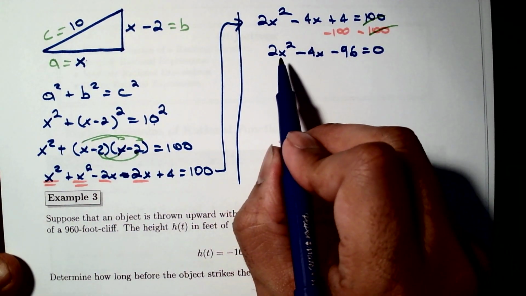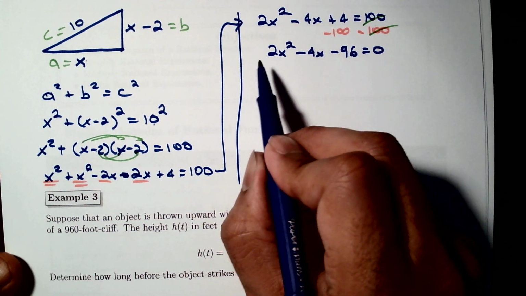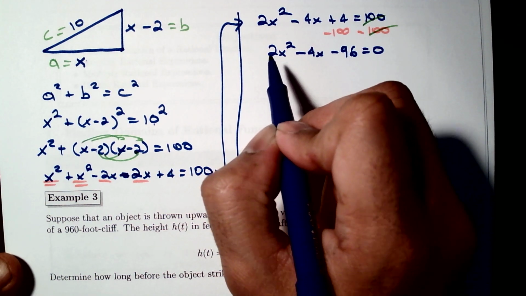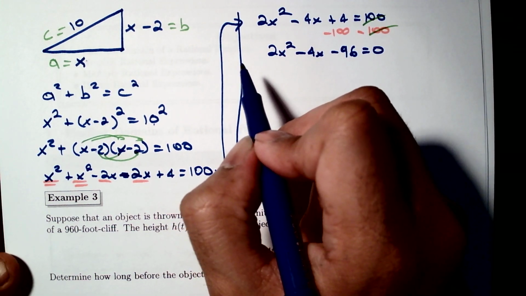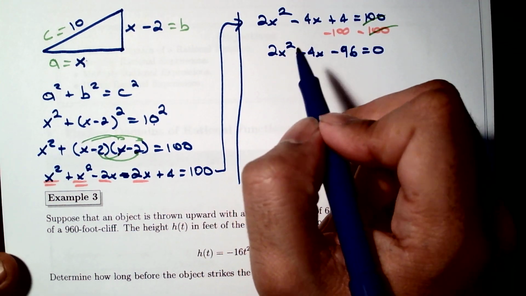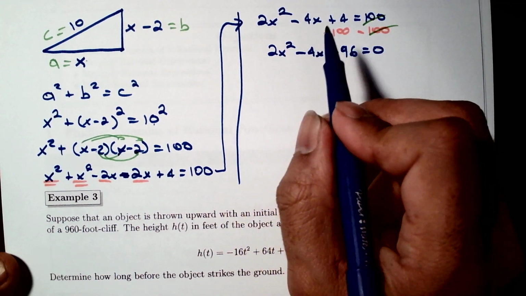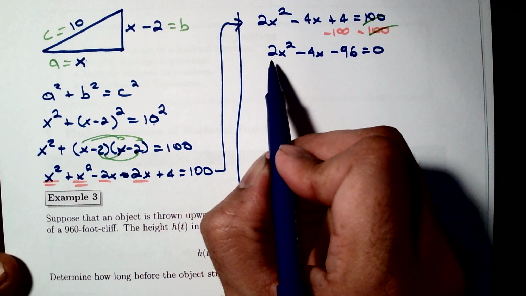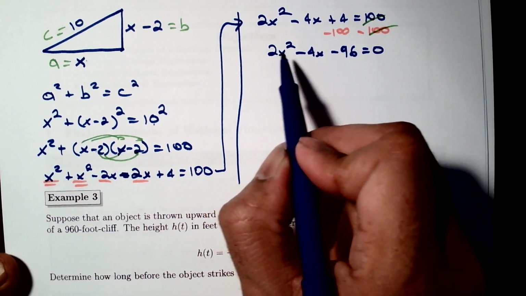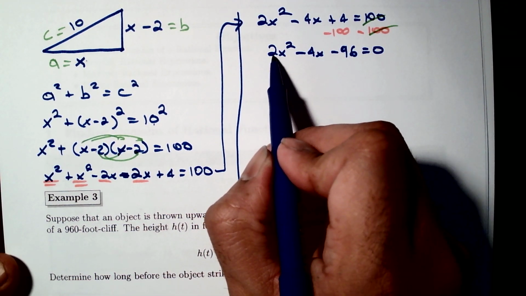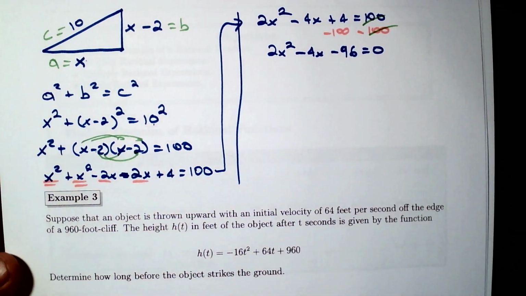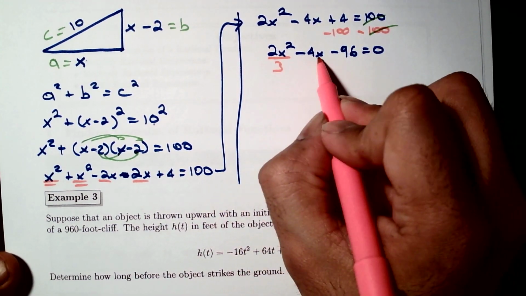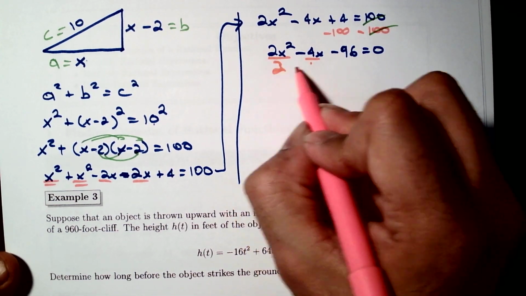I know what you might be thinking, well, we have a trinomial whose leading coefficient is not 1, so you might want to use the diamond method. But in this case, it's not necessary, because we can divide out this coefficient, because 2, 4, and 96, all three of them are divisible by 2.